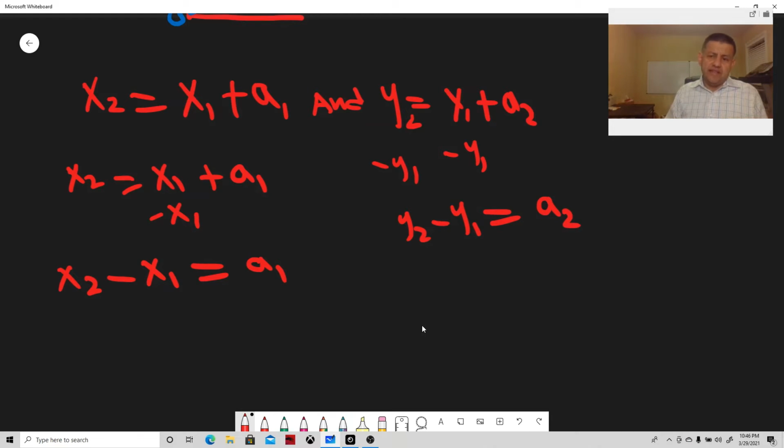See? That's how they got to the point that this is equal to a1 and this is equal to a2, which is a1 comma a2. Okay, so that is the little proof that they did, which is not bad.